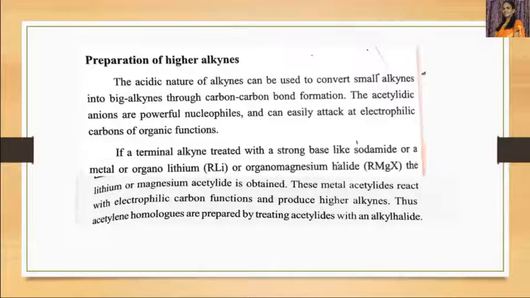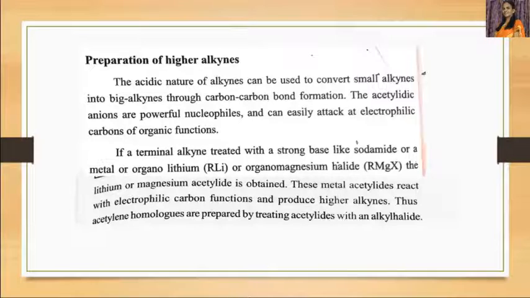And if a terminal alkyne is treated with a strong base like sodamide, or a metal like sodium or potassium, or organolithium, that is RLi, or organomagnesium halide, RMgX, the lithium or magnesium acetylides are produced.